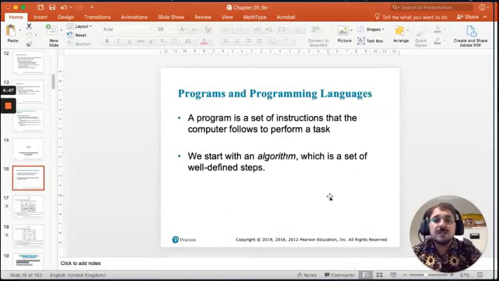Okay, so a program is actually an instruction to a computer, a step by step instruction to a computer.